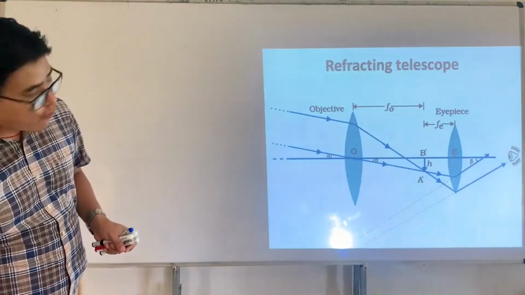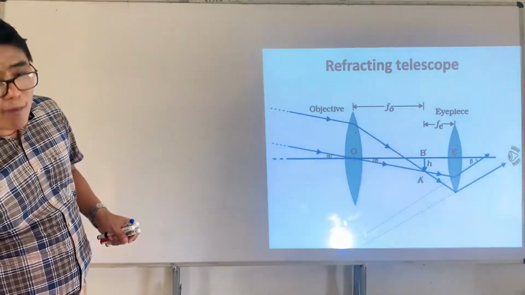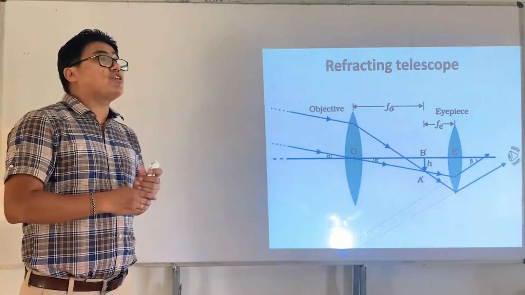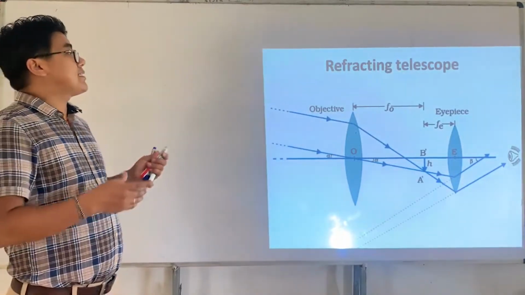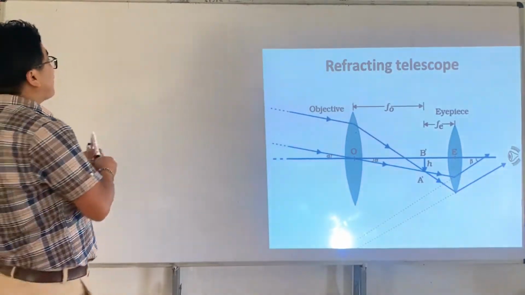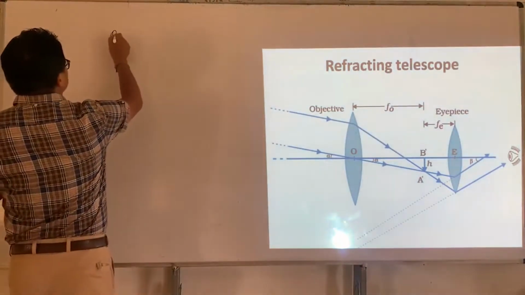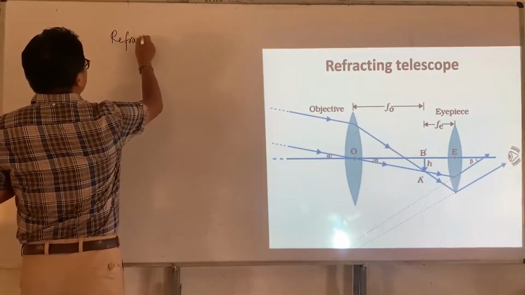When we talk about telescopes, we again divide them into two parts. One is a refracting telescope and the other one is a reflecting telescope.